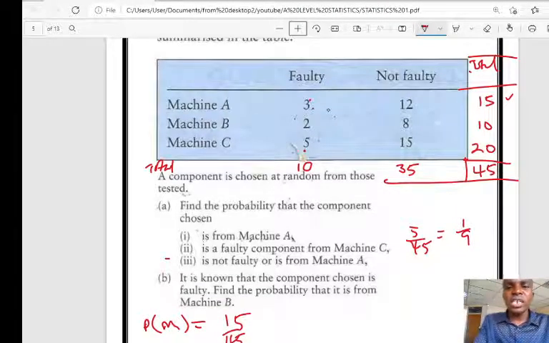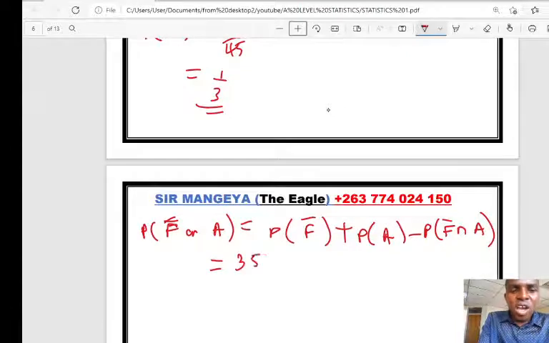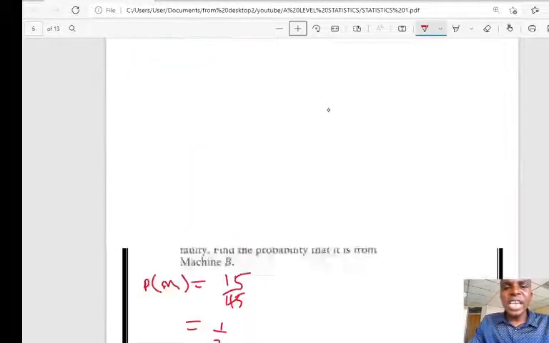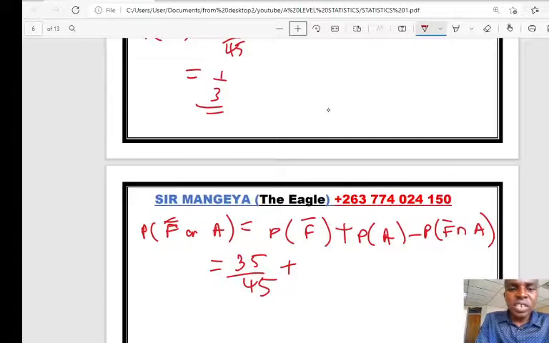It will be probability of not faulty. Not faulty is what? We can say 12 plus 23 is 35, the total here. 35 over 45, plus probability of machine A. Machine A is 3 plus 12 is 15 over 45.